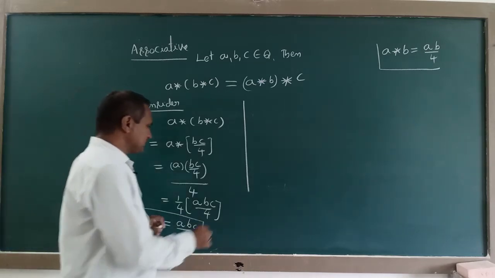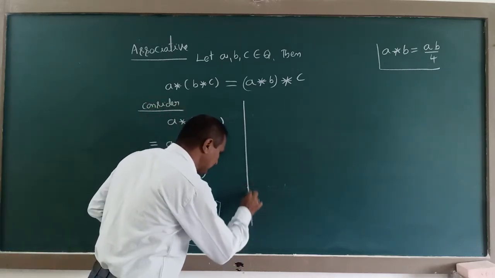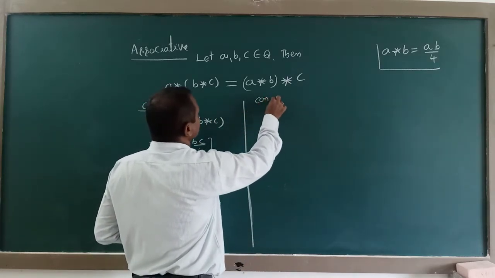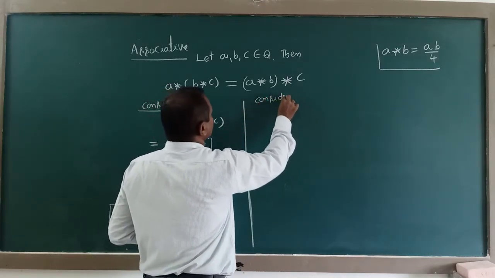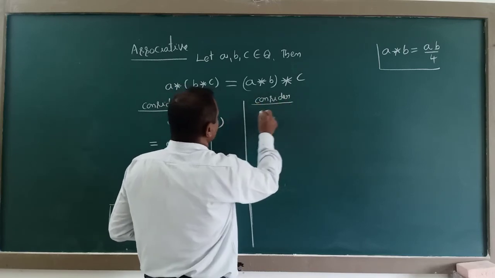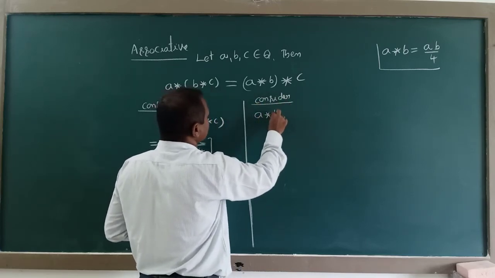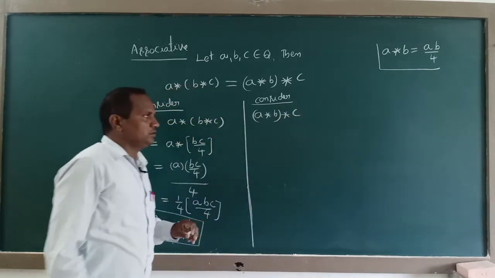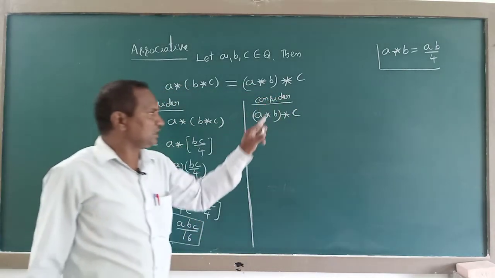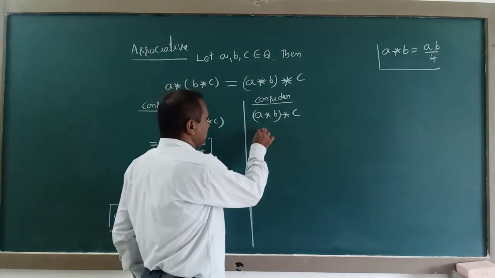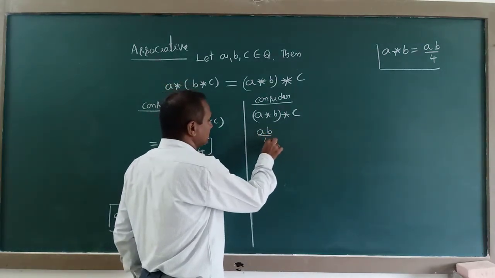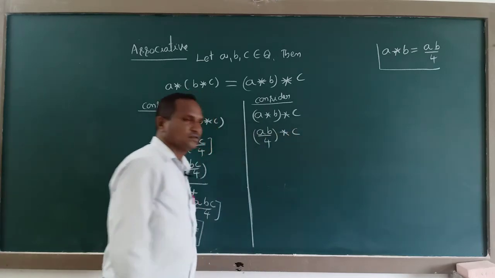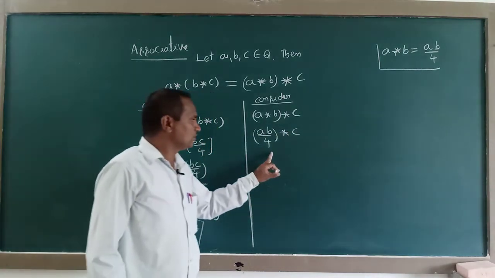Now we'll discuss the value for the right hand side also. Consider a star b of star c. What is the star definition? ab by 4. You apply it here: ab by 4 of star c.